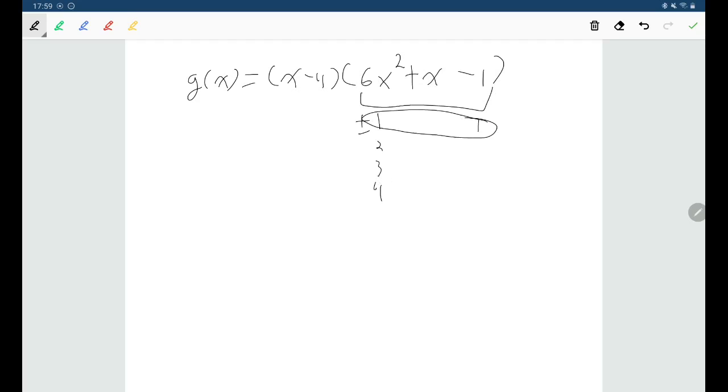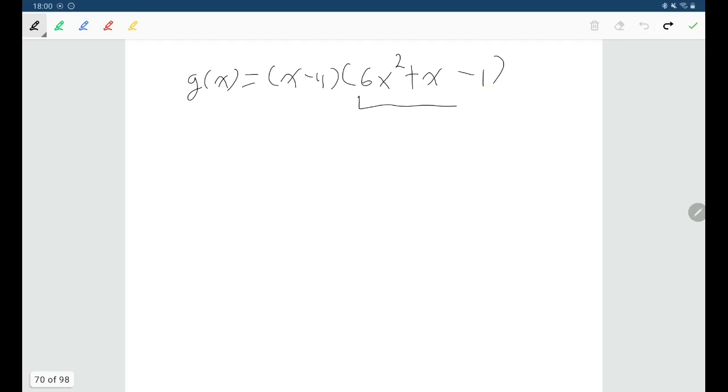You've already checked 1 over 1, so we don't need to check that again. The only possible rational zeros left to check would be 1/2, 1/3, and 1/4, both positive and negative. But I don't think you really need to do things that way. Again, if you can factor in an easier way, feel free to factor.